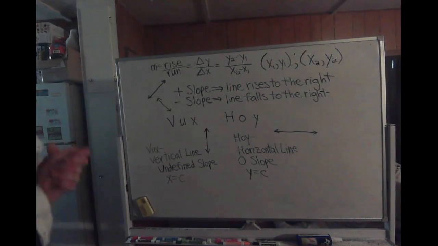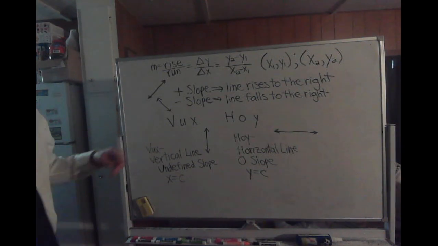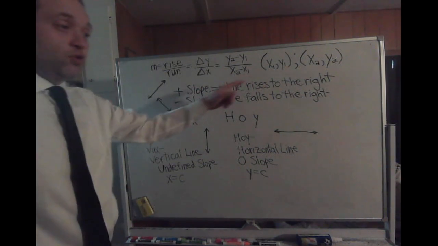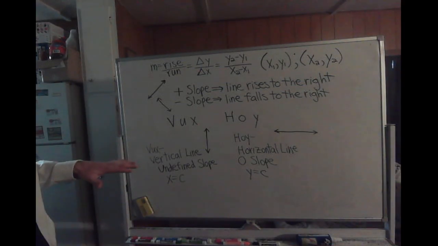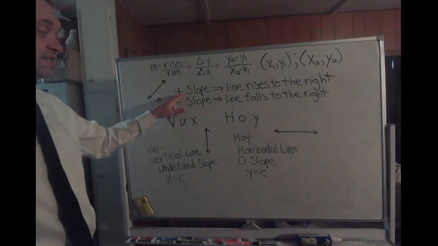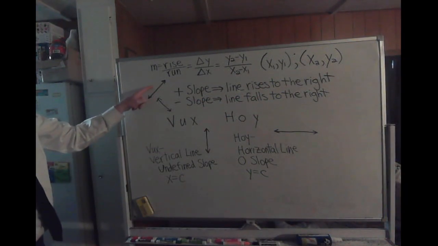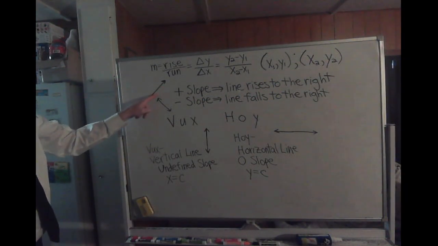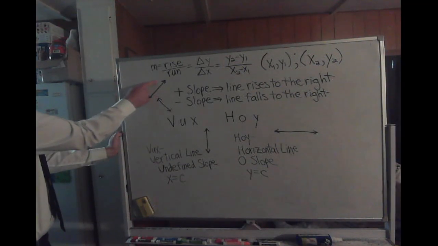And then there are some things about the slopes of lines. If you get a positive slope between the 2 points when you connect them, the line rises to the right, as we see here with this example. It starts out at the bottom, and the further right you go, the higher up the line goes.